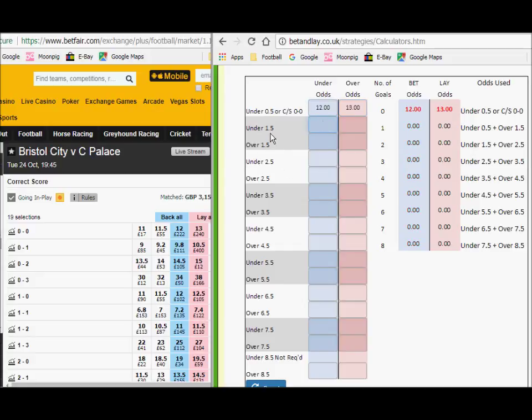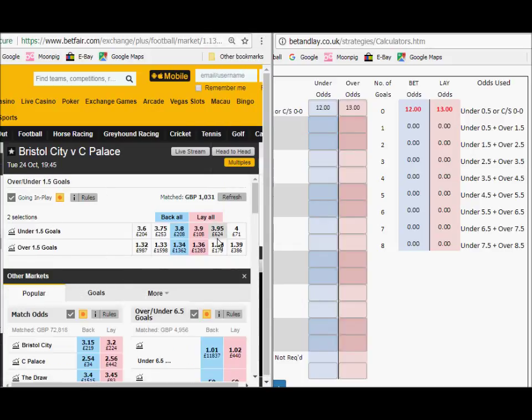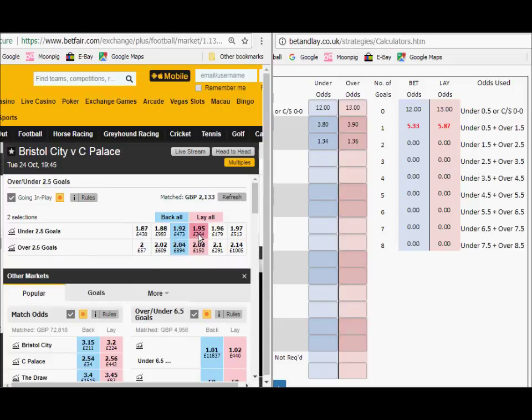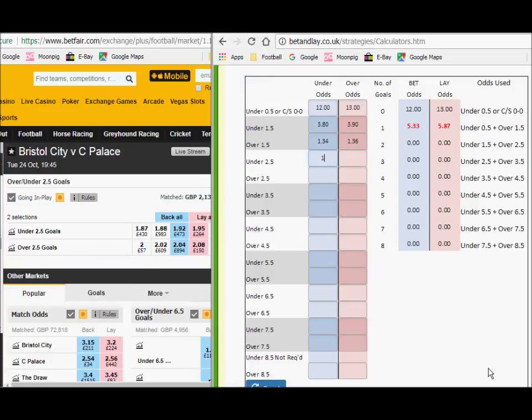Onto 1.5 goals, we don't need 0.5 now, below there, so 1.5 goals, so that's 38, 39, and 1.34, 1.36, and 2.5, 1.92, 1.95, and 2.04, 2.08, and so on.